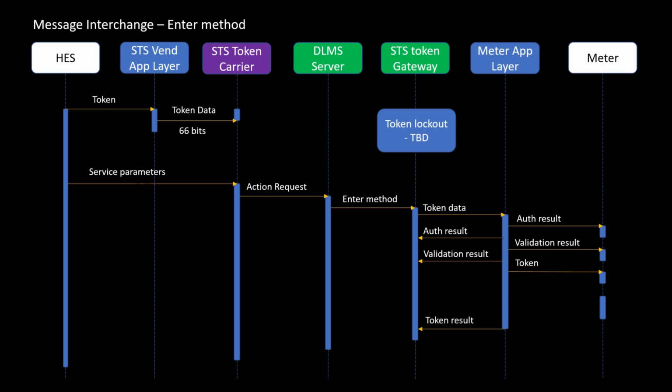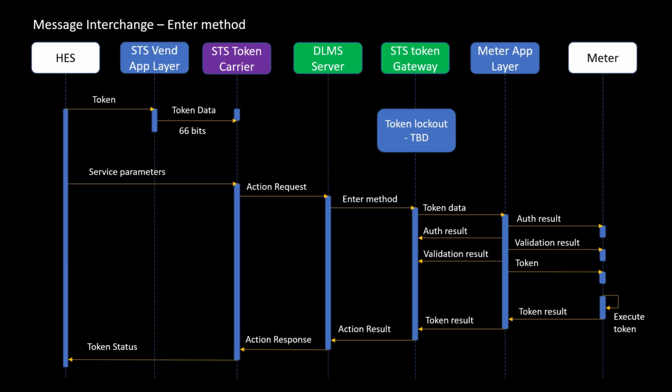The meter processes it, generates a token result, executes the token itself, in other words, increases credit or changes power limit or does a key change or whatever it needs to do, and sends a token result back through to the DLMS server. The DLMS server generates an action response, and essentially the token status then goes back to the head-end system. The head-end system sends through a token request and receives back a token status. In other words, did your request pass or fail?